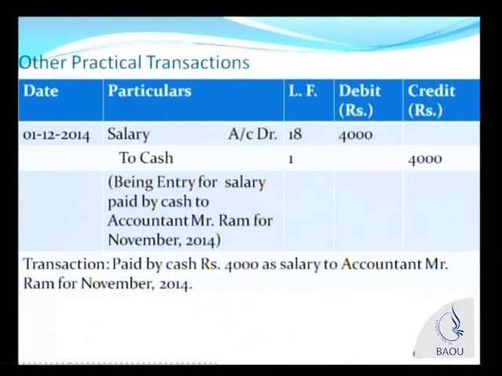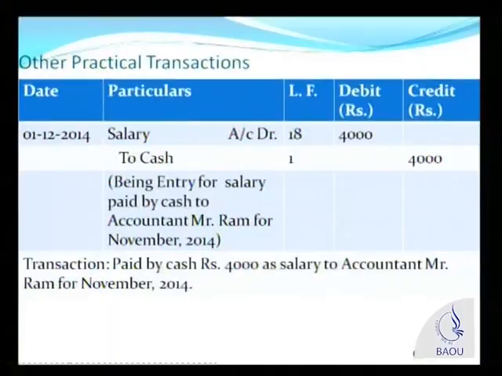That I have not shown in these slides, but people also total the journal periodically, and the total of debit and credit would always be equal. If it is not equal, you might have committed some mistake. You have to check. You might have debited 4,000 and you may have credited just 400. Then there would be a mismatch of the totals, and you would be able to realize and find out if any error is committed by you.